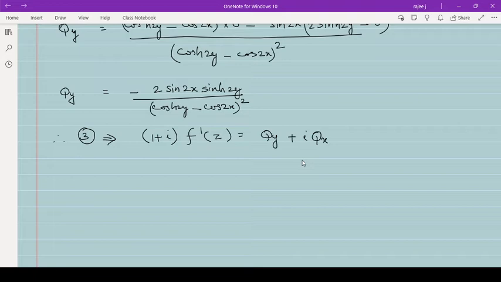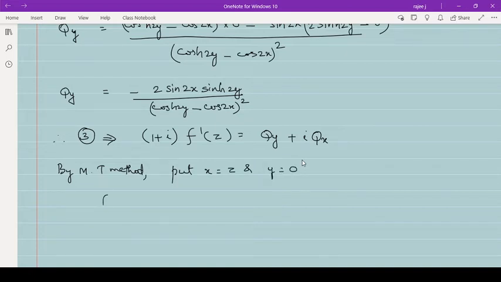Now in this one what we are going to do is, by Milne-Thomson method we will write this, or we'll replace x by z and y by 0. Okay, so this is by Milne-Thomson method. Put x equal to z and y equal to 0 in this one.